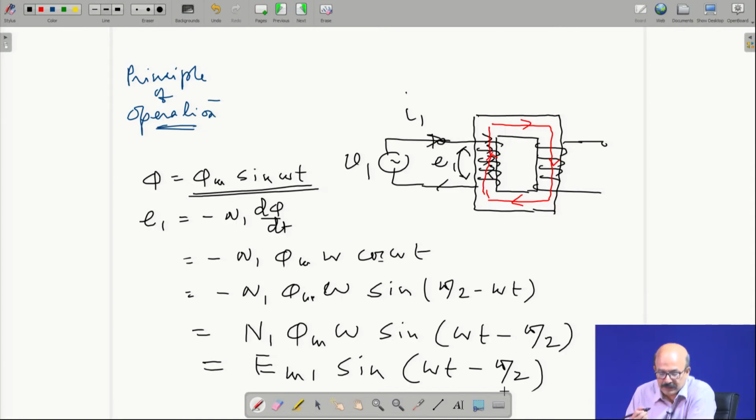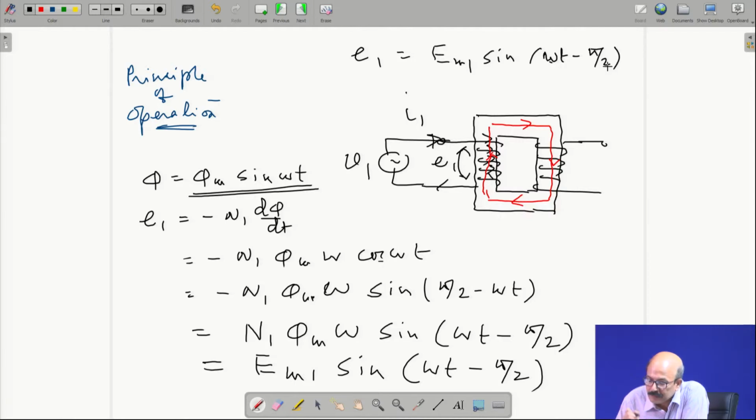So E1 is EM1 sine of omega t minus pi by 2, where EM1 is N1 phi m omega.